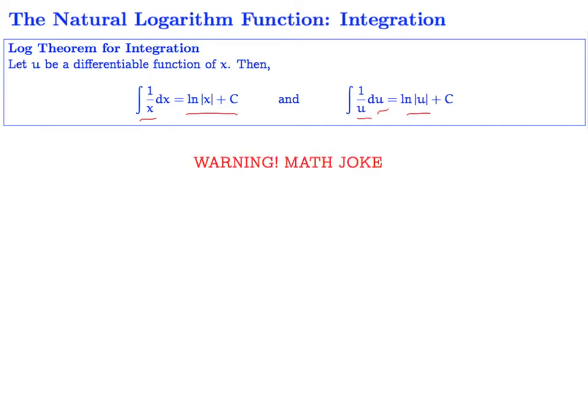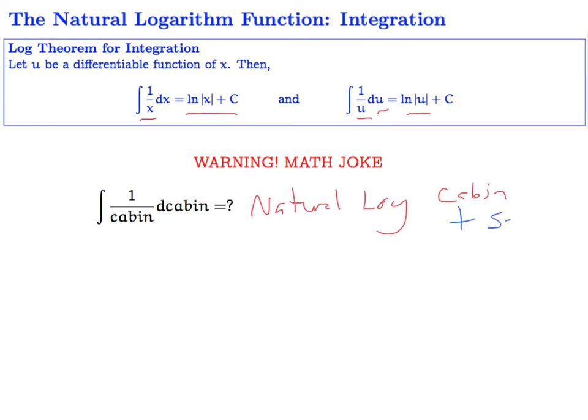So fair warning, we're about to see a math joke, so just be prepared. Most people, when they see the integral of 1 over cabin d cabin, think to themselves, oh, well, this is just a natural log cabin, but not quite, because what they forgot to do is add on the c.